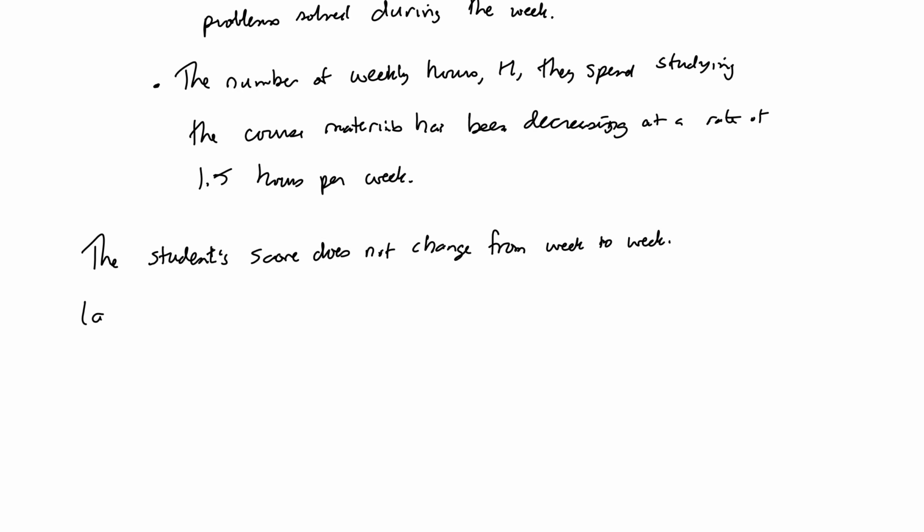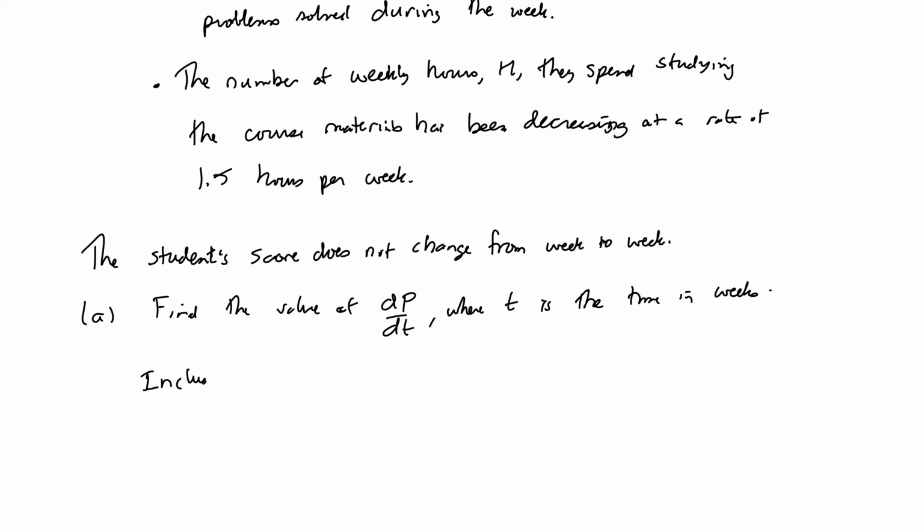Okay, so what are we going to do with this information? Let's find the value of dP/dt, where t is the time in weeks. Make sure we include some units.